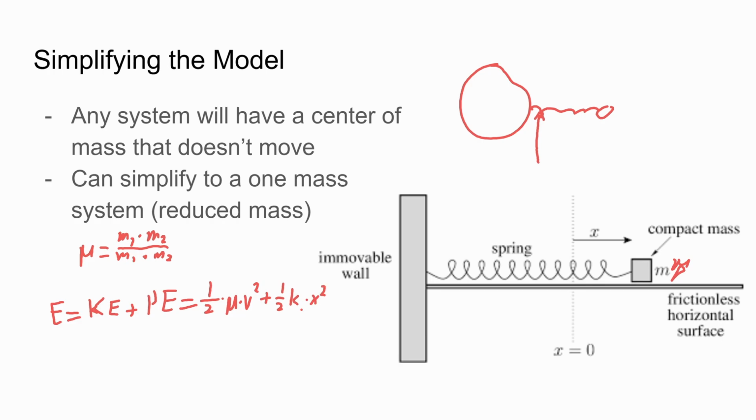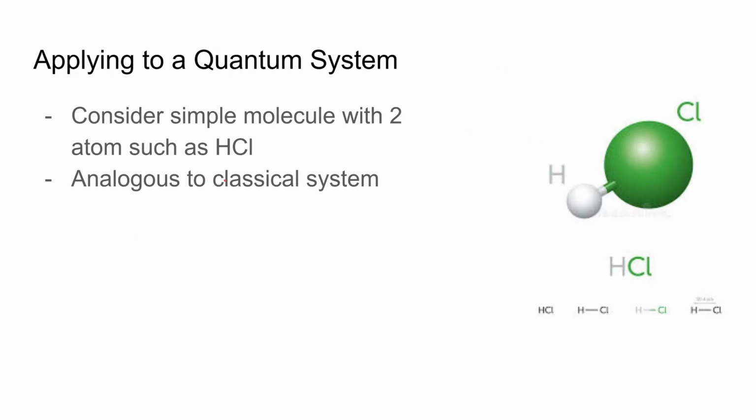This comes from our spring constant and describes the potential energy stored in the spring when we oscillate it one way or the other. And this is going to be helpful characterizing our system, and it can be applied to our quantum system.